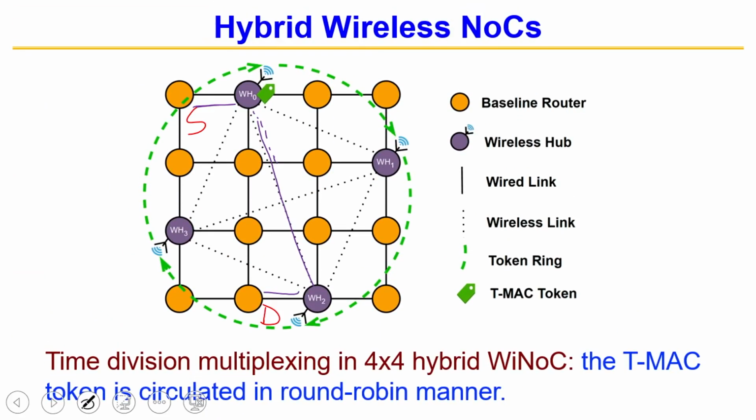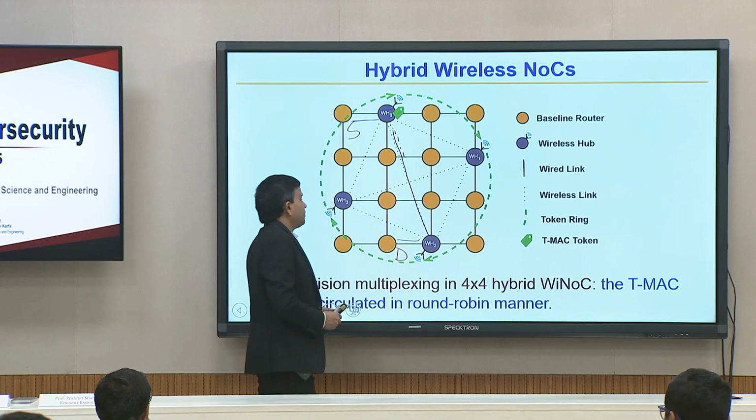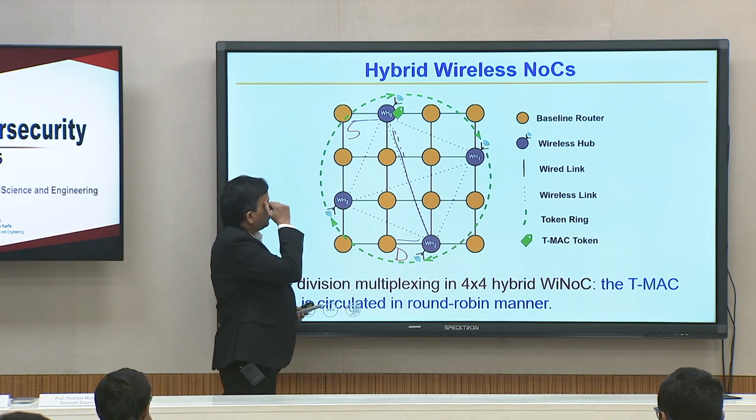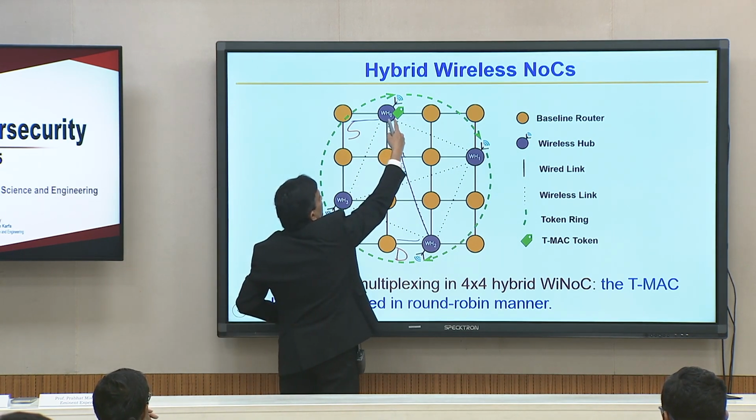One thing I forgot to tell you is that here the TMAC token is circulated in round robin manner. Which one would get the chance to pass the data? Everybody might have some request pending, but who will get the chance is basically round robin manner. Right now this one has the token, so this will transmit.